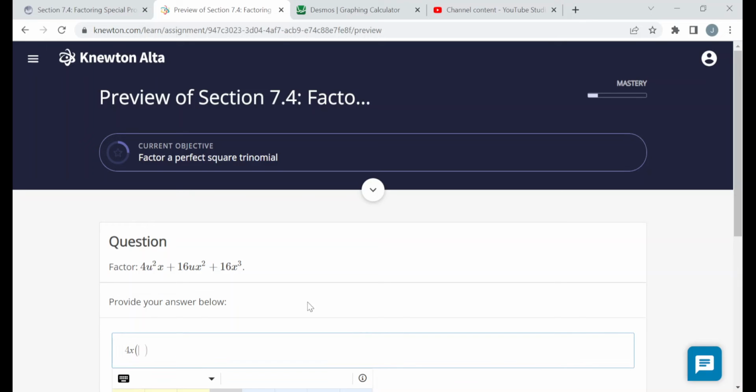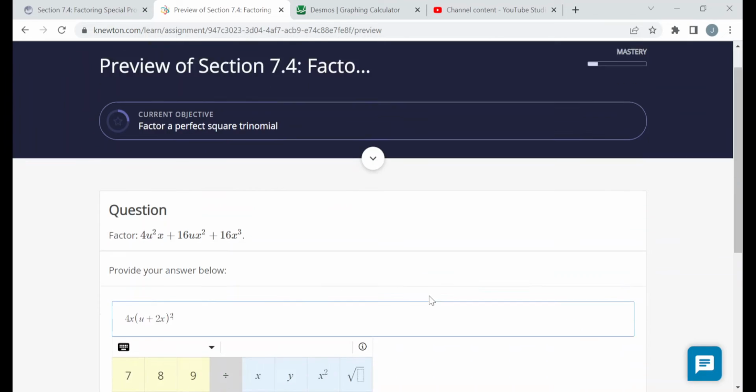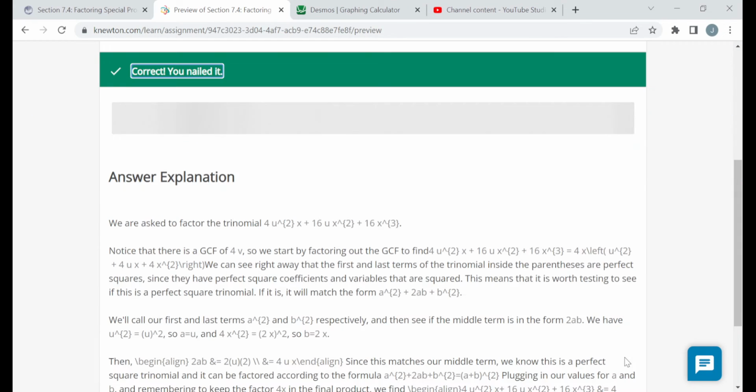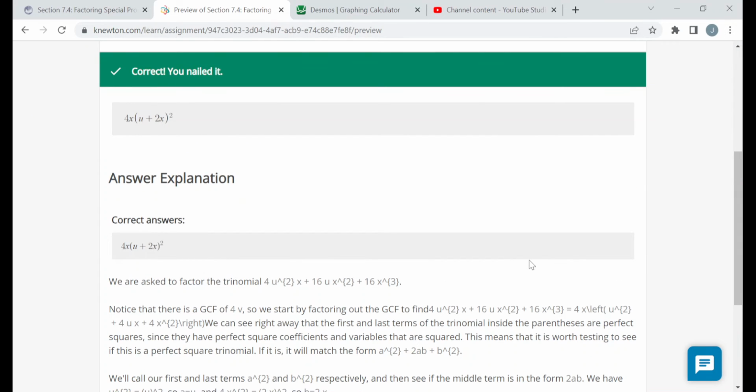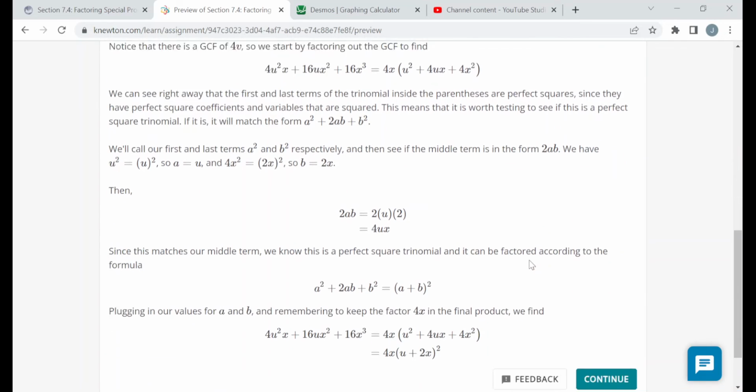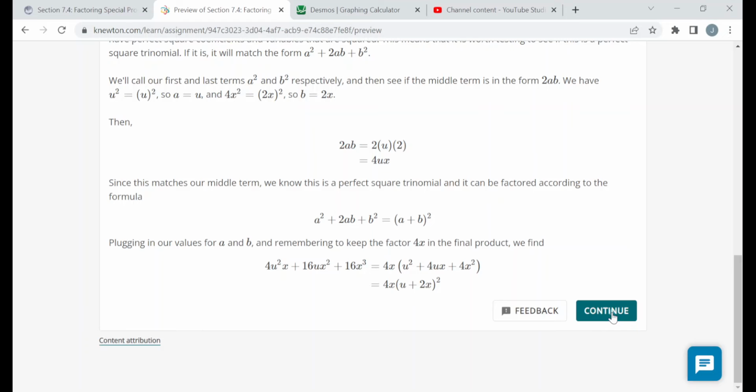So 4x times the quantity u plus 2x to the second power. Or you could write u plus 2x times u plus 2x again, nothing wrong with that. But like I said, usually when there's the same factor twice, you put a square. Right?